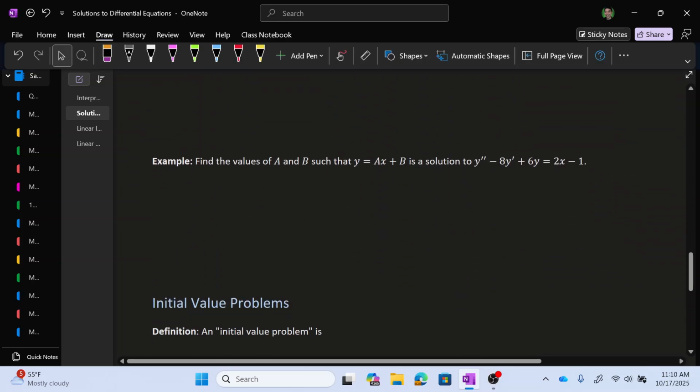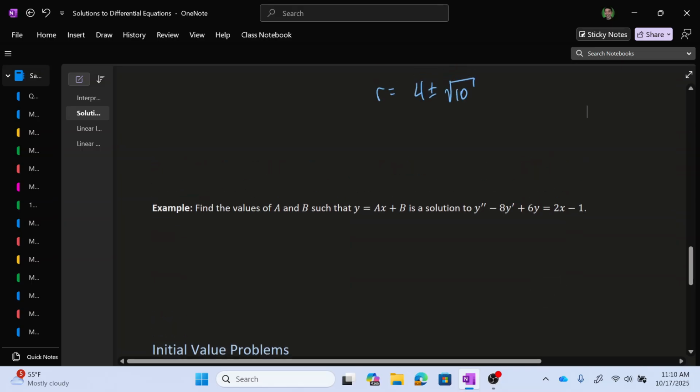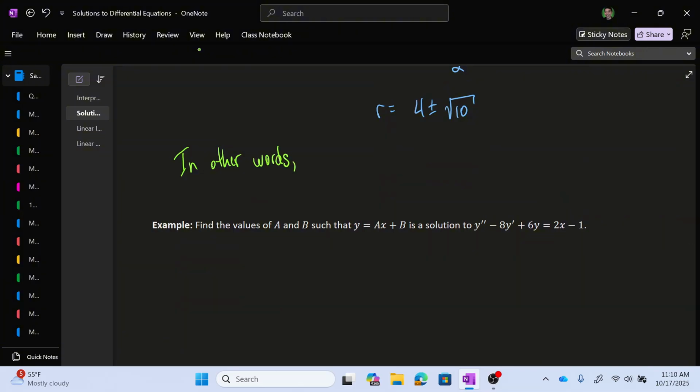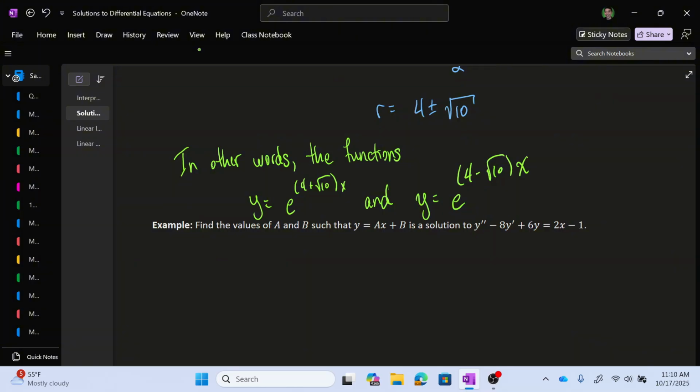So in other words, the functions y equals e to the first r times x and y equals e to the second r times x, these two functions are solutions to the ODE.